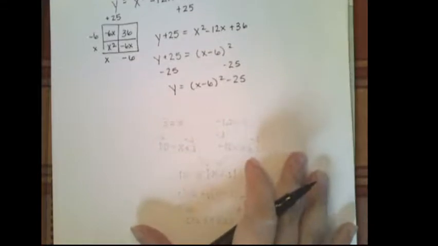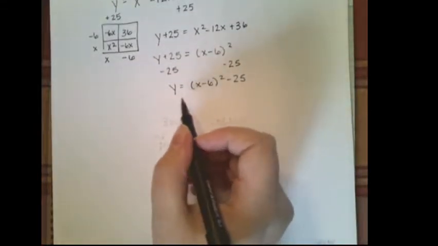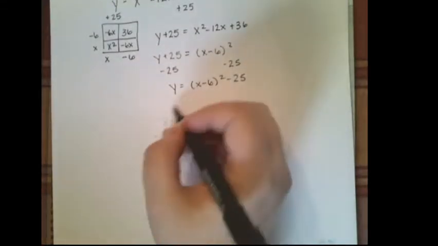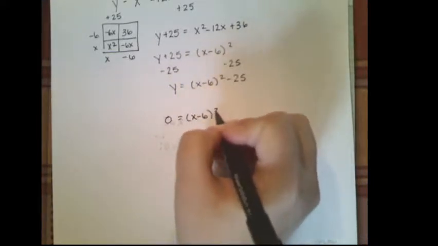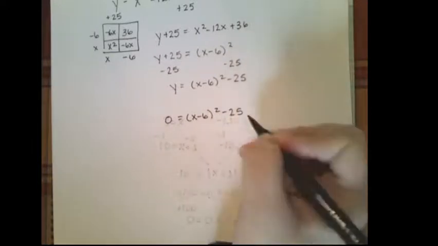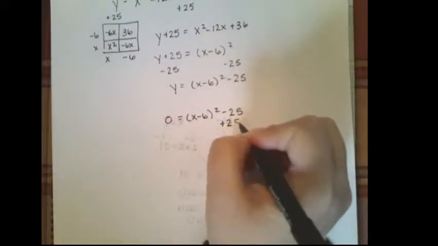There's our graphing form. Now we can get our x-intercept. Step 1, set y equal to 0. Get rid of our constant.